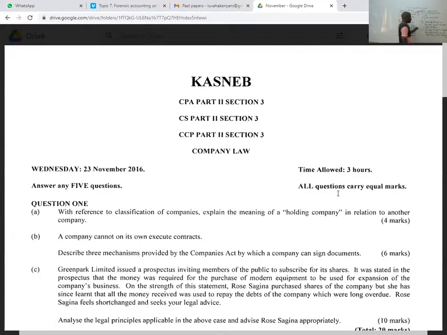An official person in the company, like the chief executive officer, the managing director, the chief information officer. So they can choose such a person to authenticate or execute the contracts of the company.